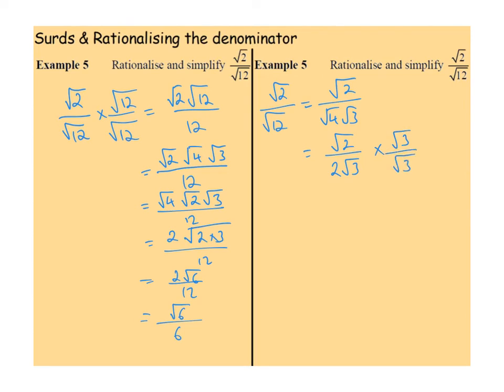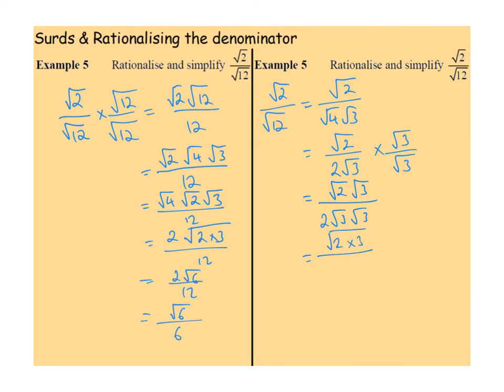Remember here I'm multiplying by 1, same as I multiplied by 1 on the first method. My 1 looked like root 12 over root 12 earlier, now it looks like root 3 over root 3. So I get root 2 root 3 for my numerator and 2 root 3 as my denominator. For my numerator, that's the same as root 2 times 3.